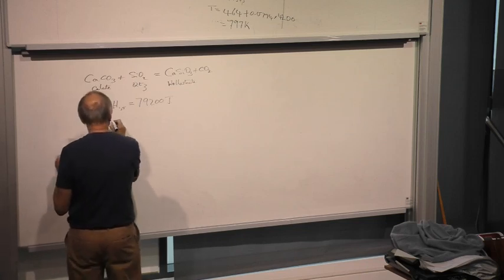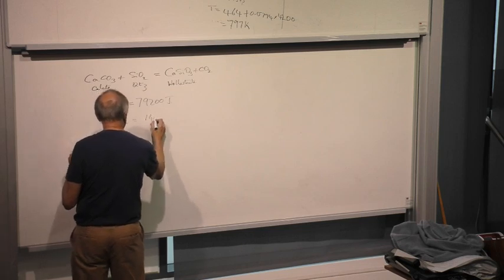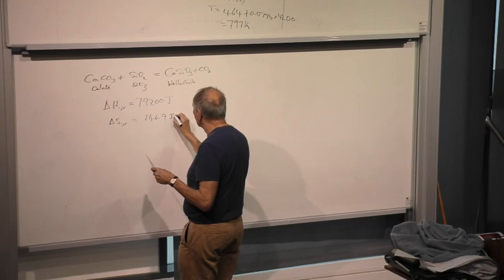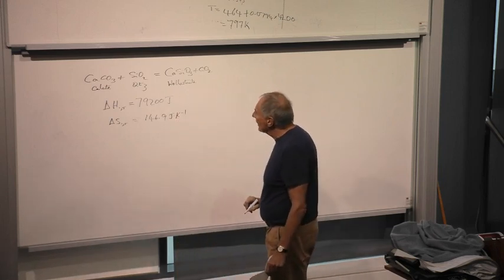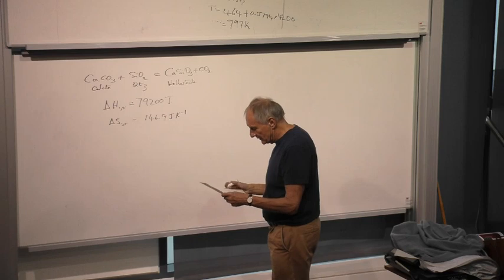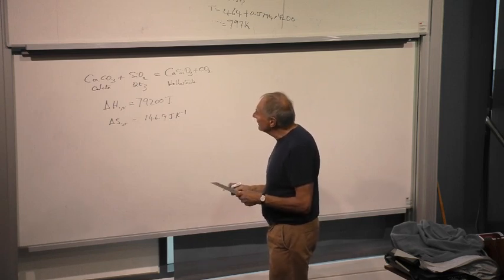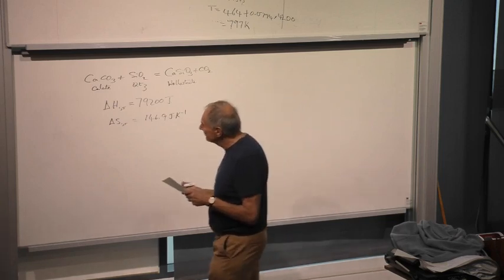Delta S is 146.9 joules per K. And so what happens now, as we can calculate the equilibrium temperature at 1 bar.